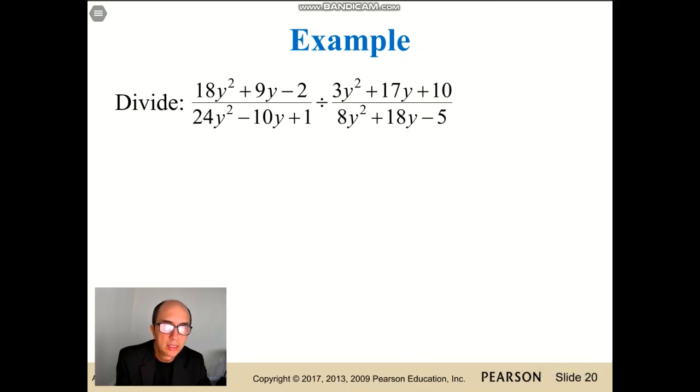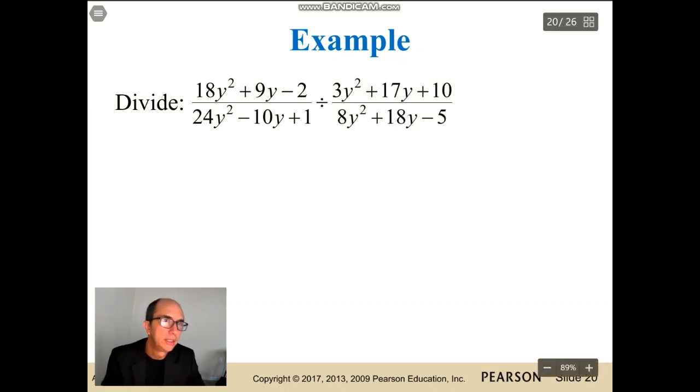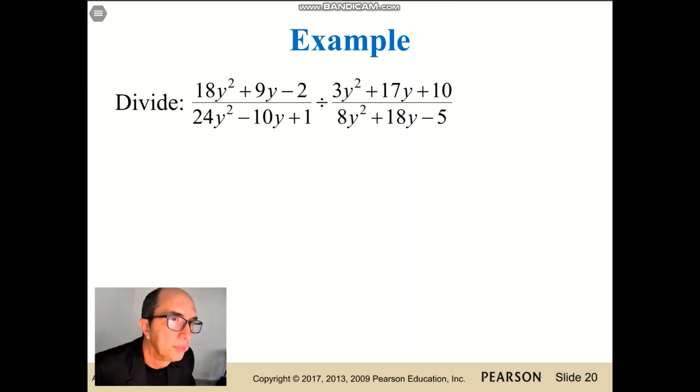Now that's a large operation that we have to work on. Let's try to solve it. We have here 18y squared plus 9y minus 2 over 24y squared minus 10y plus 1, divided by the other rational expression, 3y squared plus 17y plus 10 over 8y squared plus 18y minus 5.